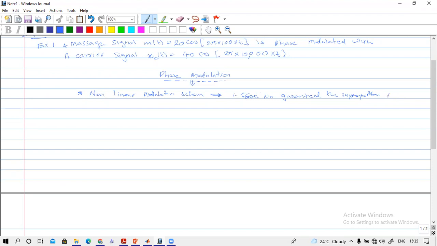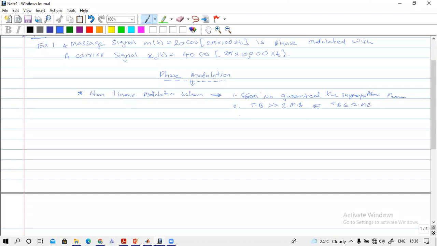With respect to modulation, another thing is that the transmission bandwidth is very large, larger than twice the message bandwidth. In linear modulation, this does not happen; the transmission bandwidth is always less than twice the message bandwidth.